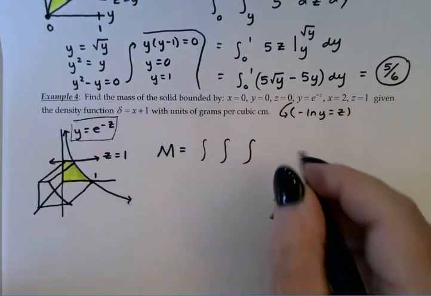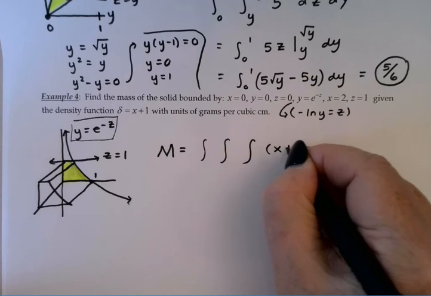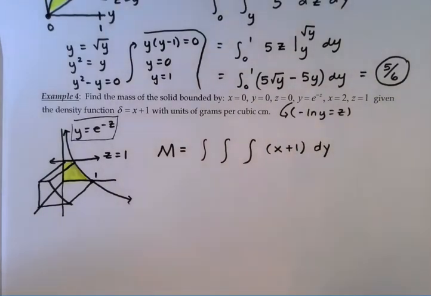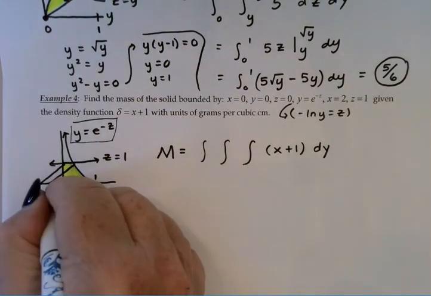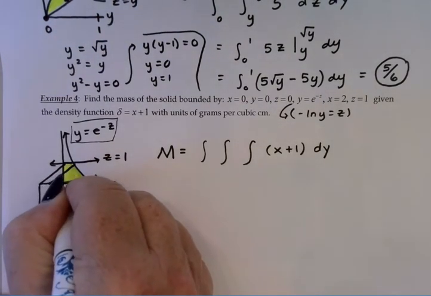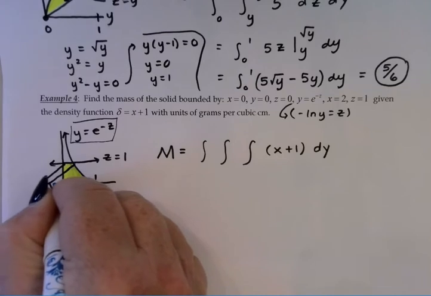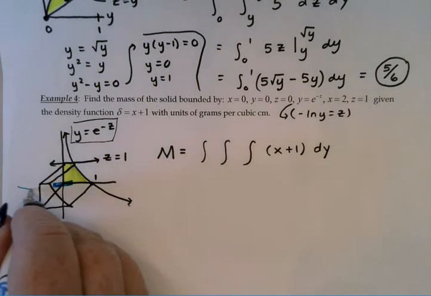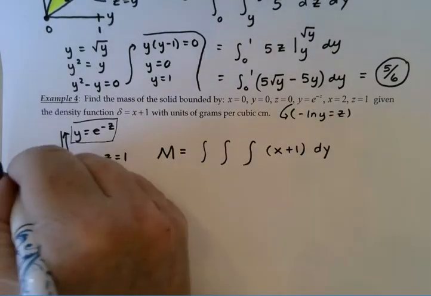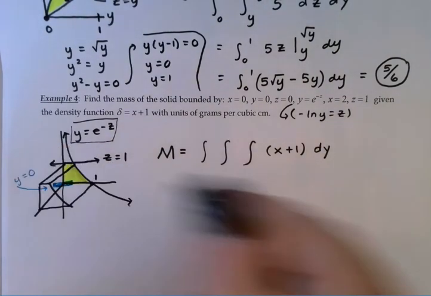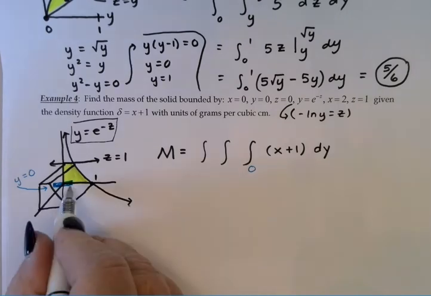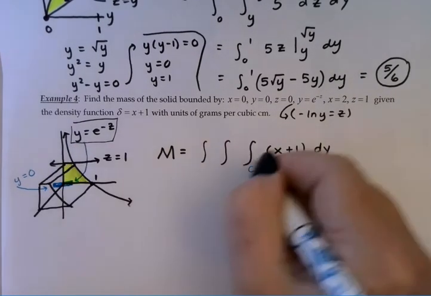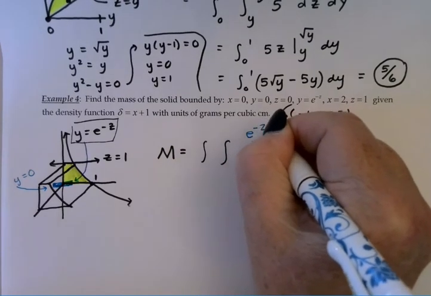So my mass, I integrate my density function, which is x plus 1, and I'd like to do the dy first. So I'm going to think from left to right. The left side is just the xz plane, so that would be y equals 0. And the right side is on this cylinder, so that would be y is equal to e to the minus z.